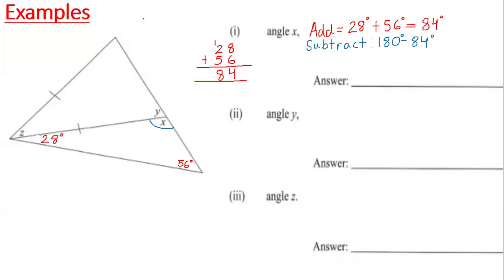What y'all got when y'all subtracted it? 96. Okay. 84, and we subtracted, this becomes a 7. This becomes 10 minus 4, which is 6. We can't do 7 minus 8, right? So this is going to be 17 minus 8, which is 9.